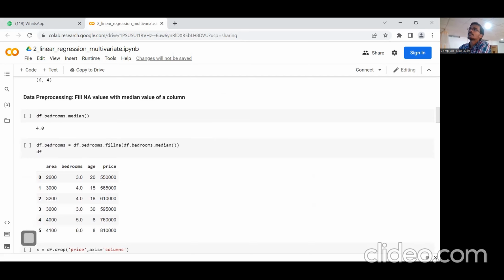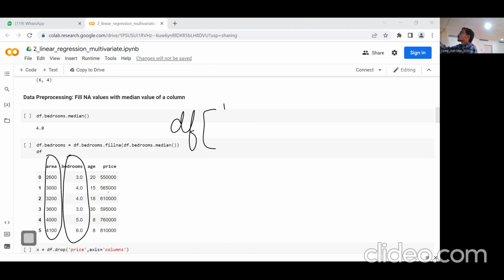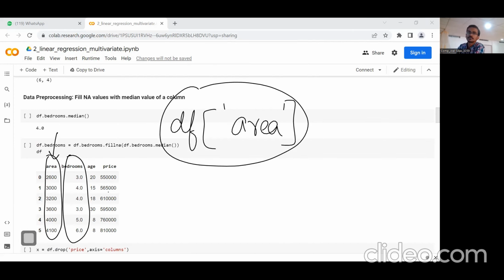Now we can also find the median. How do we do that? df.bedrooms.median(). Now if we want to access a particular feature vector, that is a particular column, like suppose this entire column, then what do we do? We can write df of within quotes area. So if you print this value, you'll get this entire area column.